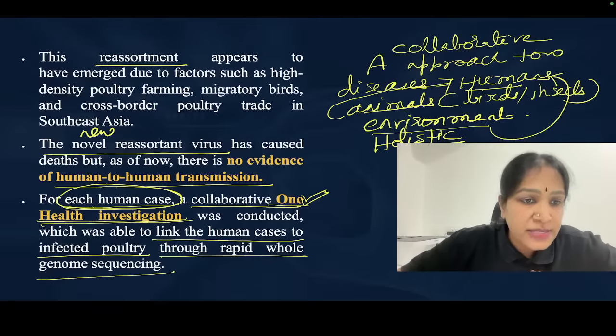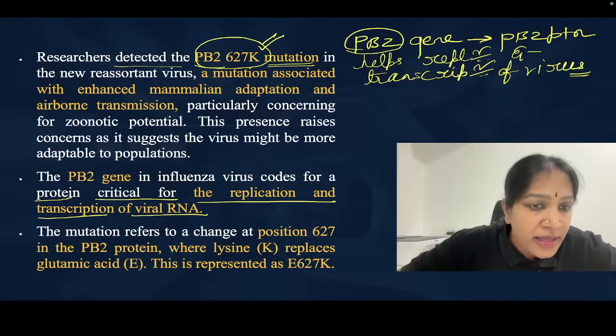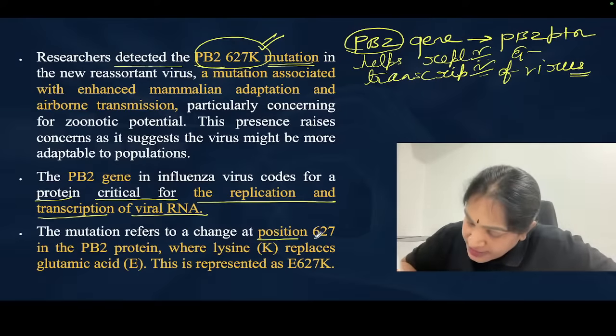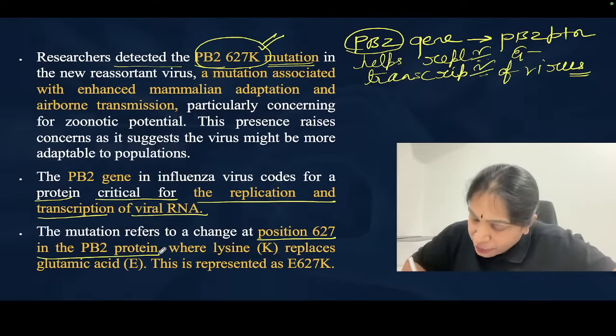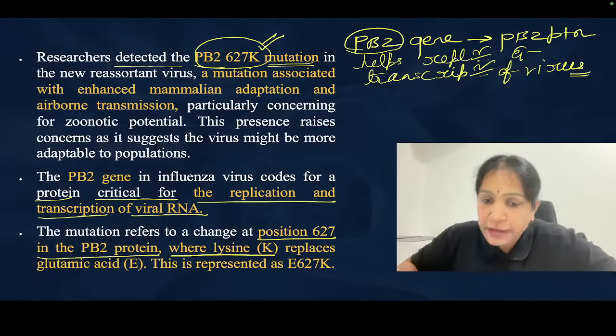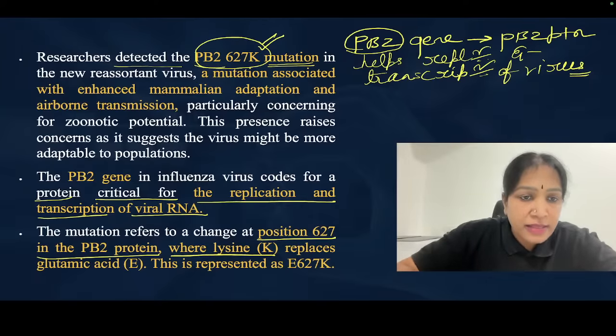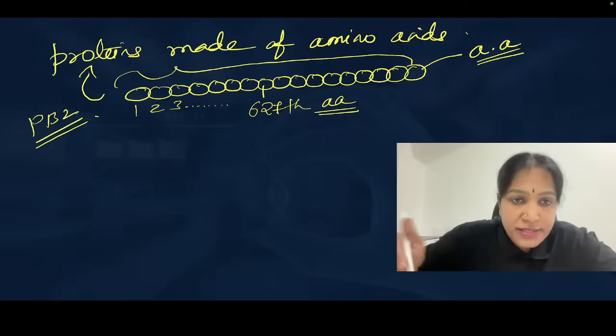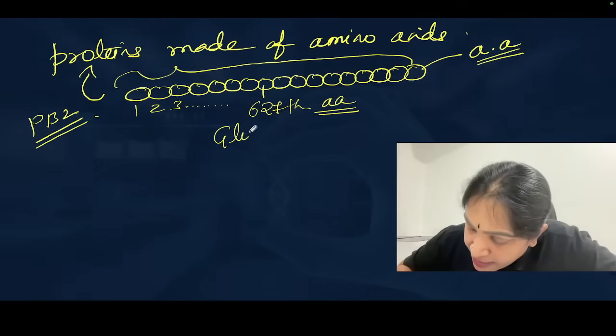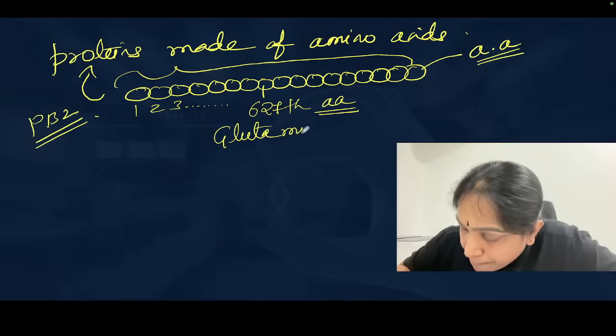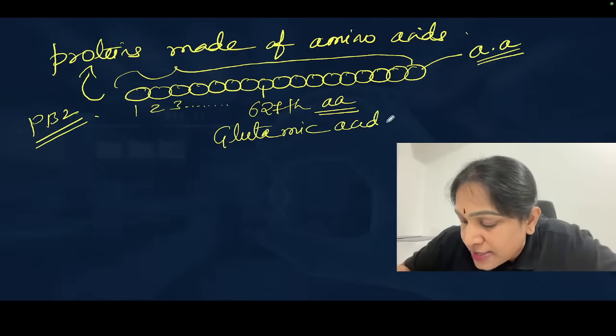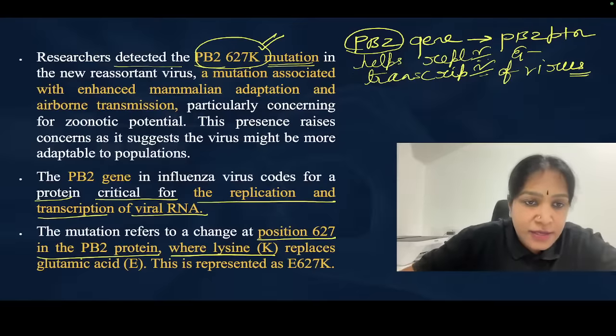At position 627 in the PB2 protein, originally there is an amino acid called glutamic acid.